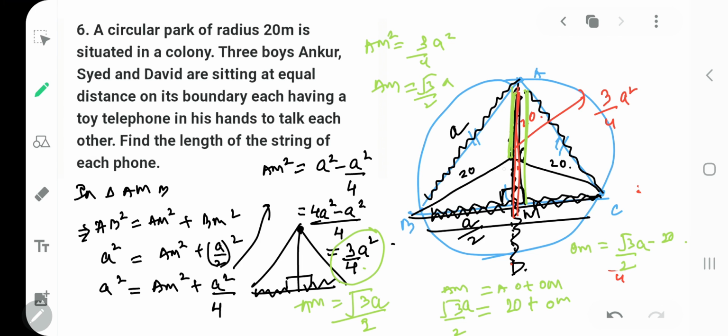The value of OM is in your hand, meaning this OM is root 3 a by 2 minus 20. You have MC in your hand, or you want to go in this triangle OMB. You have BM in your hand, a upon 2. BM is equal to a upon 2 and OB is equal to 20. So you have to apply Pythagoras in this triangle and get the value of a. Can you do that? Okay, God bless.